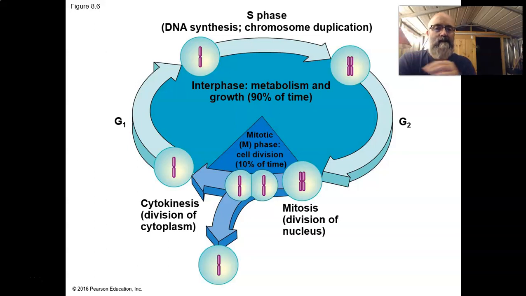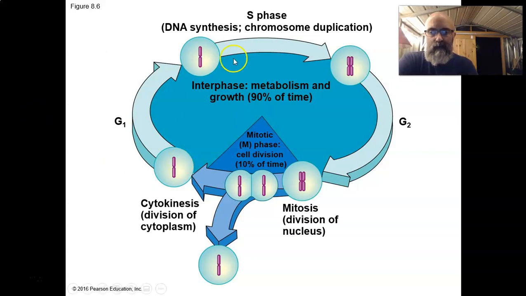And then those copies need to be separated into 2 new cells, and then we've accomplished what we need to do. Okay? So we need to grow the cell, make new organelles, make a copy of the nuclear material, and then separate those 2 copies into 2 new nuclei.